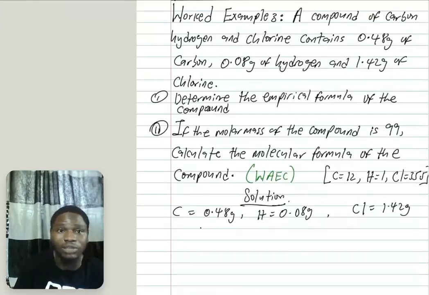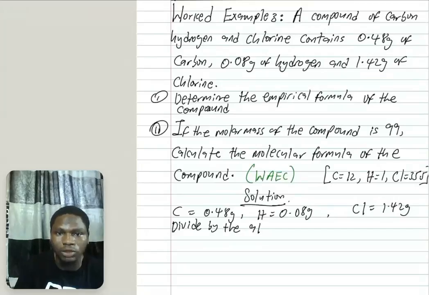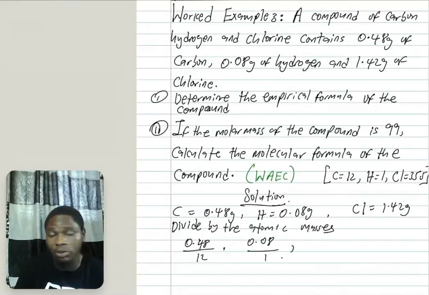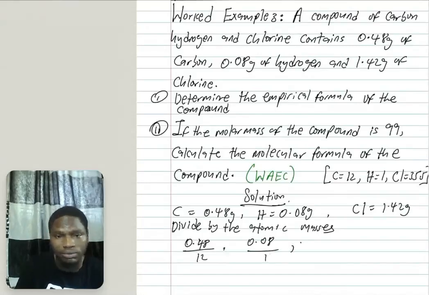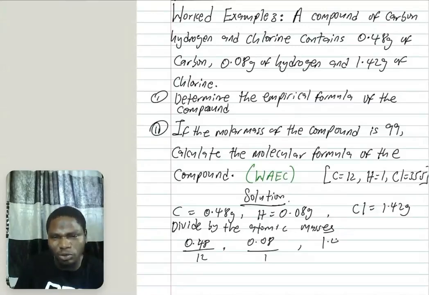The next step is to divide by the atomic masses. For carbon, you say 0.48 divided by 12. We have 0.08 divided by 1 for hydrogen. Some will ask me, sir, do they always give us these? For your level, you can still have it, yes. But for higher exams, they'll assume you should have gotten used to some, but most likely you will be given them.